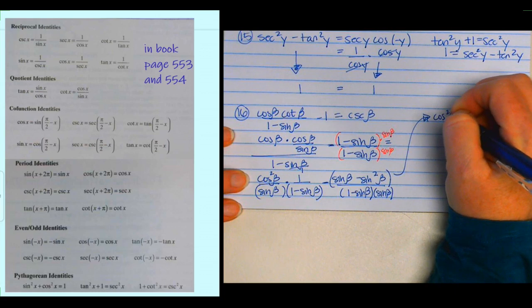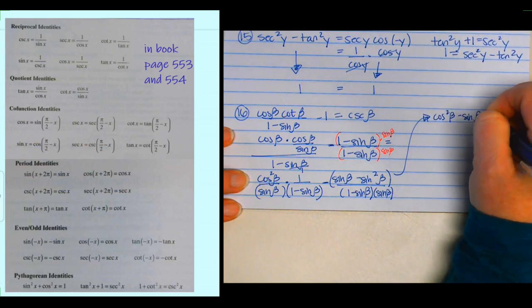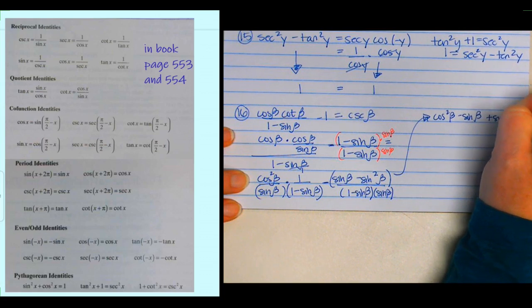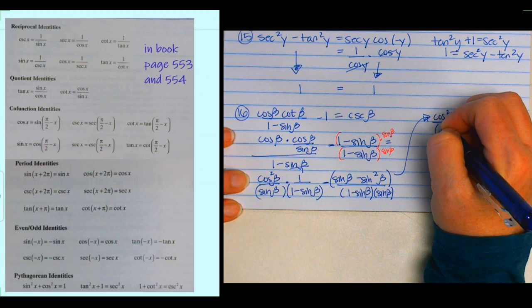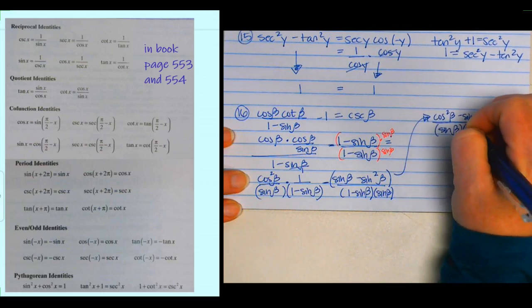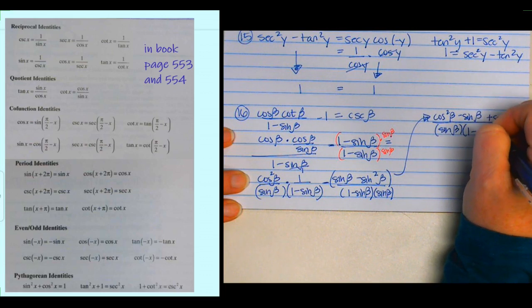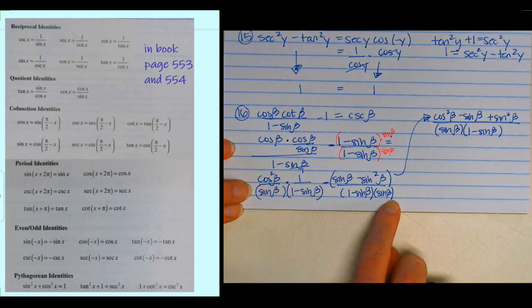So cosine squared of beta minus sine of beta plus sine squared beta all over, and I said before, yesterday's example, you should keep the bottom factored. So this is the same denominator, different order, but that's okay. Okay, how does that help me?